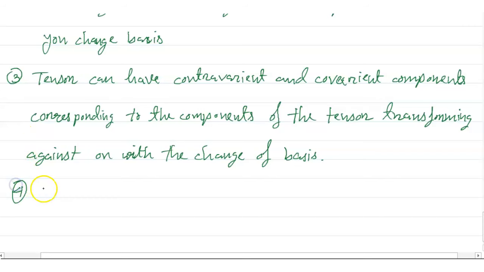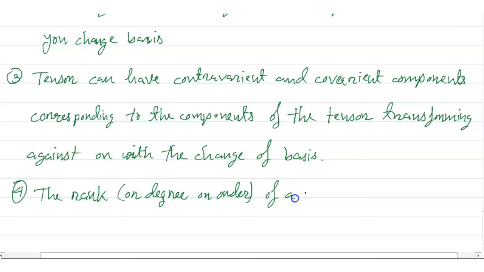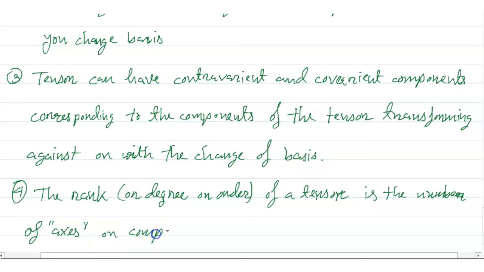Number 4: the rank or degree or order of a tensor is the number of axes it has.